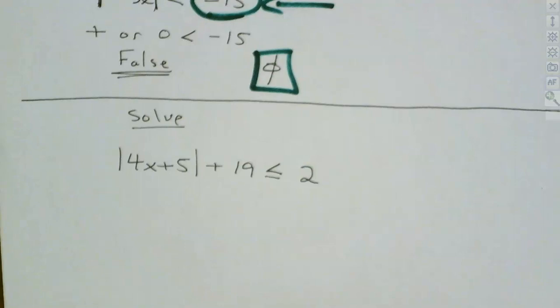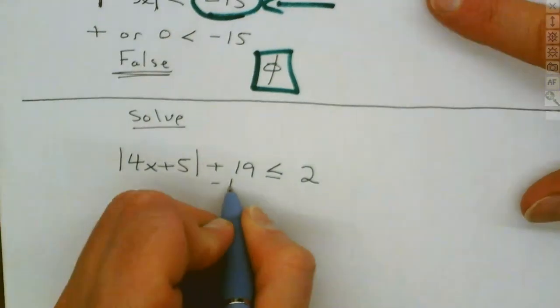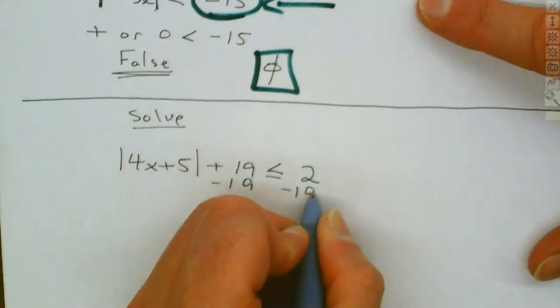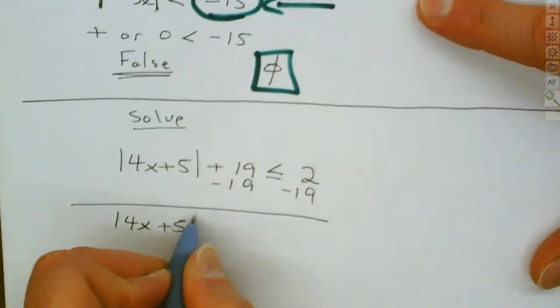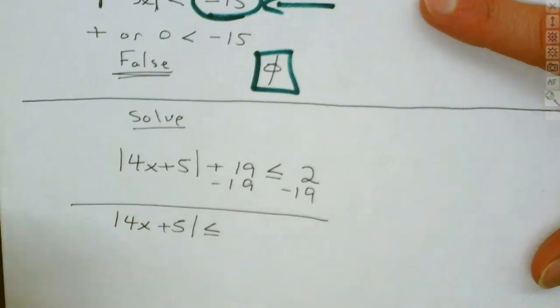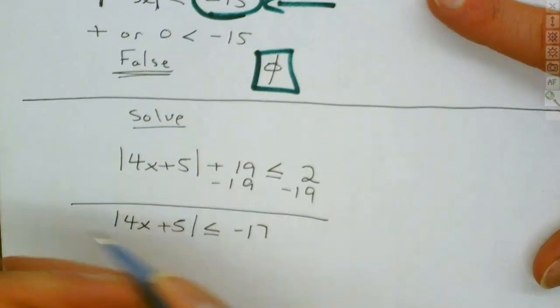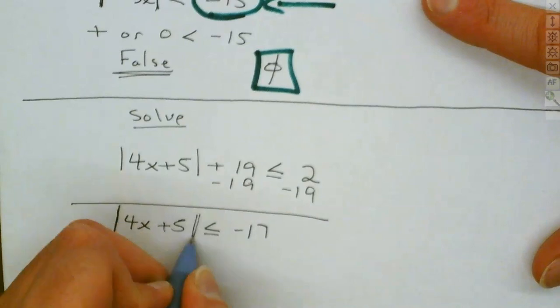It has to be isolated, all by itself, alone. So that 19 does not belong there. Move that 19 over and see what you're left with. 2 minus 19 makes it a minus 17, right?